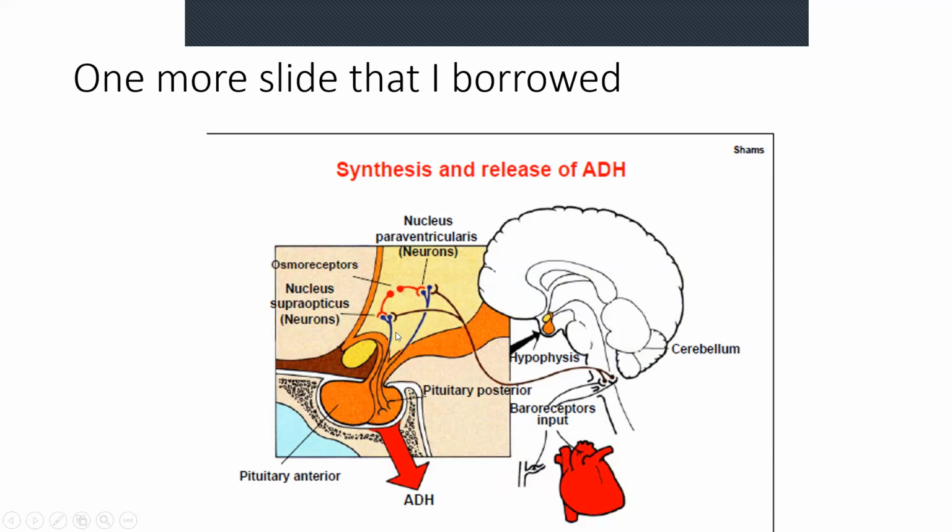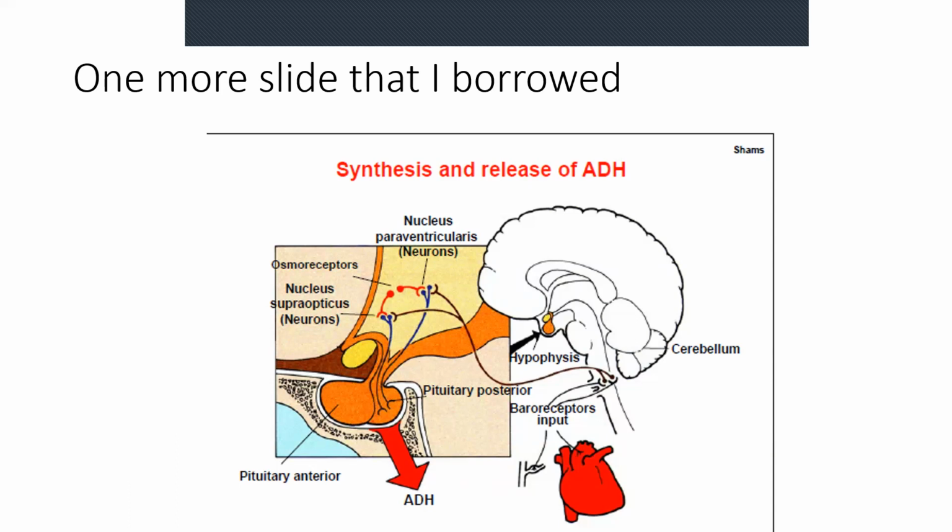And so what they're going to do is if you have high blood pressure, the neurons here are going to activate. You're going to have a release of ANP from the right atrium, and you're going to have activation of the nerves from these baroreceptors. And then these are going to tell the osmoreceptors, hey, we have a lot of blood pressure, we have a lot of fluid.